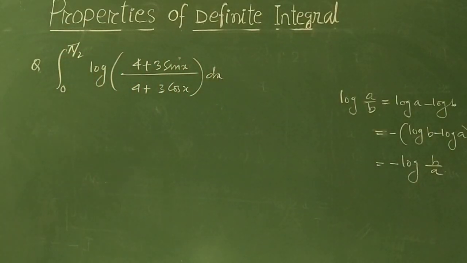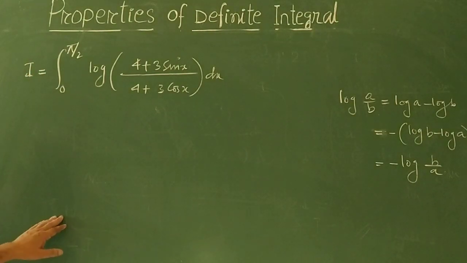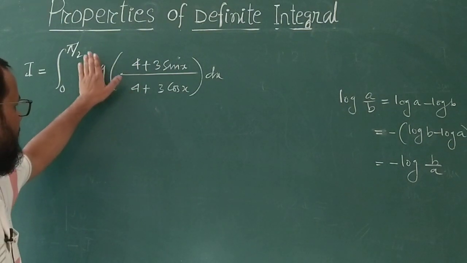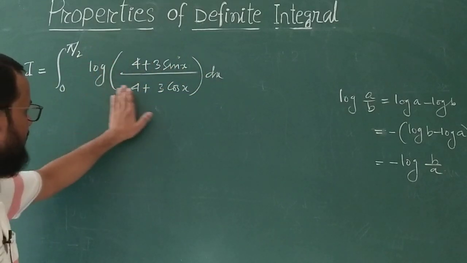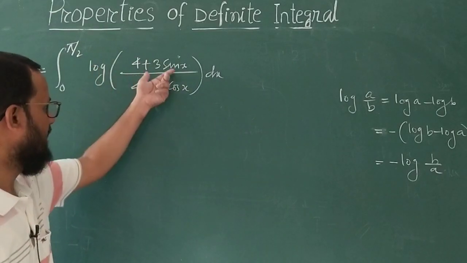I am going to use this property in this particular problem. So let us take this integral as I. Now apply the property. In this particular problem, log of this is one particular expression. There is no denominator outside the log, but inside the log there is a denominator.